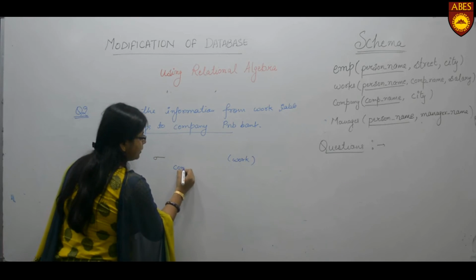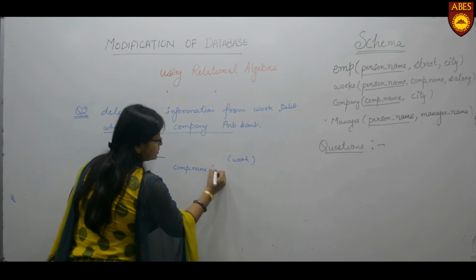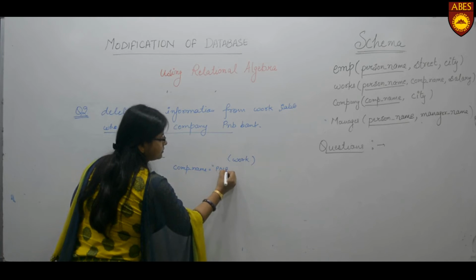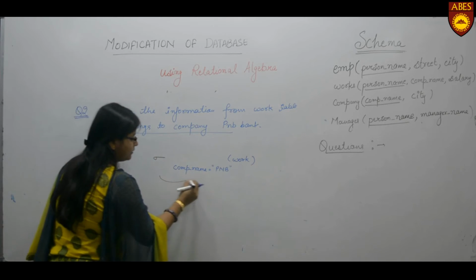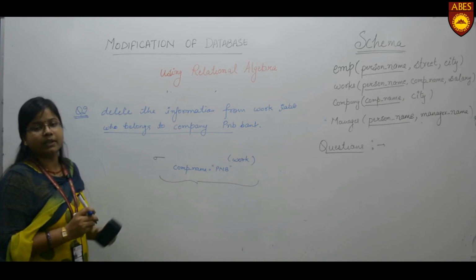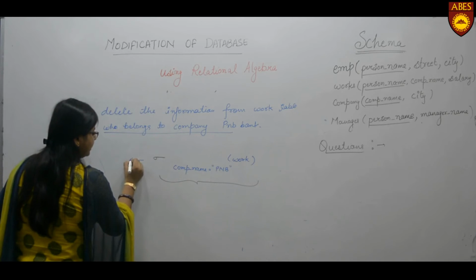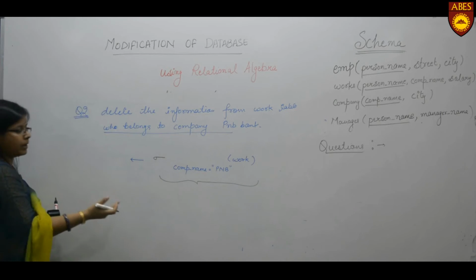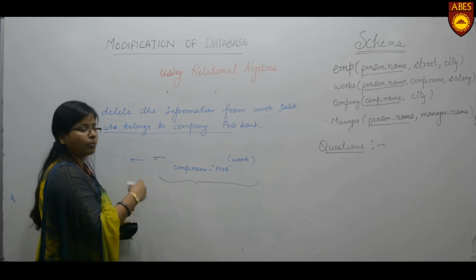So COMP underscore name is equal to PNB. This query will retrieve all the tuples where company name is equal to PNB. So I'm storing this tuple or set of tuples, which might be filtering one or more than one tuple.